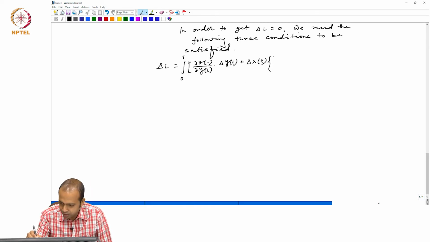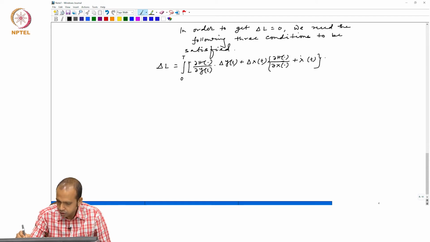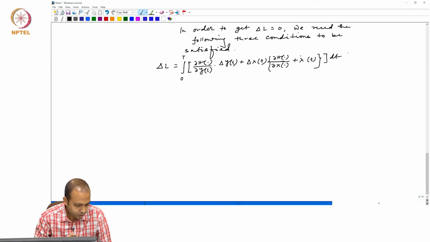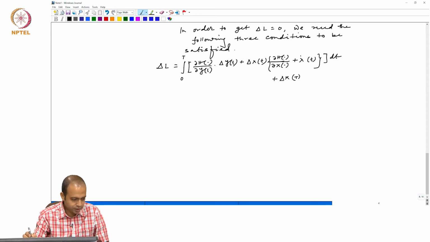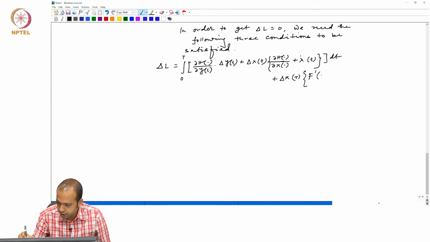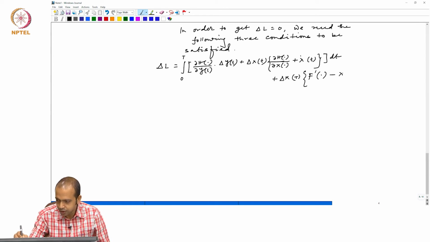So, this would become del H dot del x dot plus lambda dot t, into dt, plus delta xt again common, delta xt common, then within the bracket we got f prime dot minus lambda t.